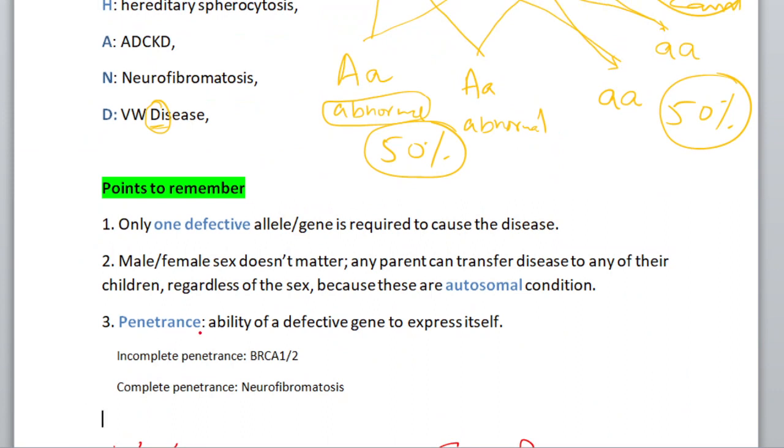The last one is penetrance. Penetrance is the ability of the defective gene to express itself. Suppose there is a genotype and a phenotype. Genotype is what you have at the chromosome and gene level, and phenotype is what you express.